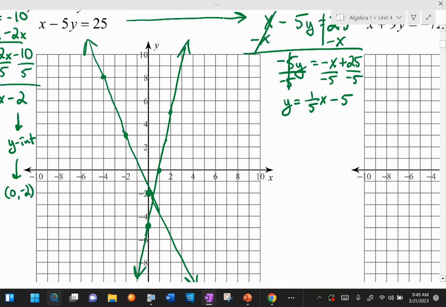Okay, your intersection point sometimes will fall on a grid line. Sometimes they won't, and that's okay. You can go ahead and mark a little point if you want where it intersects.